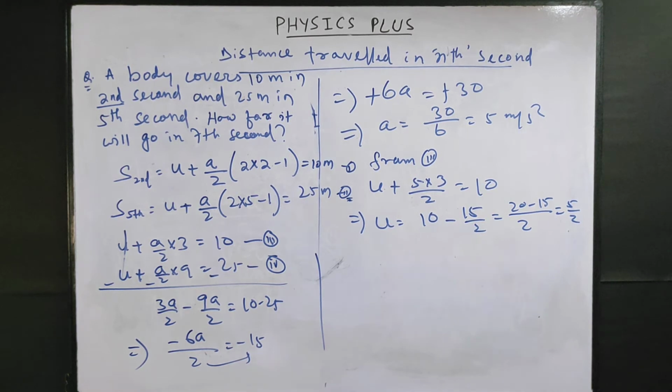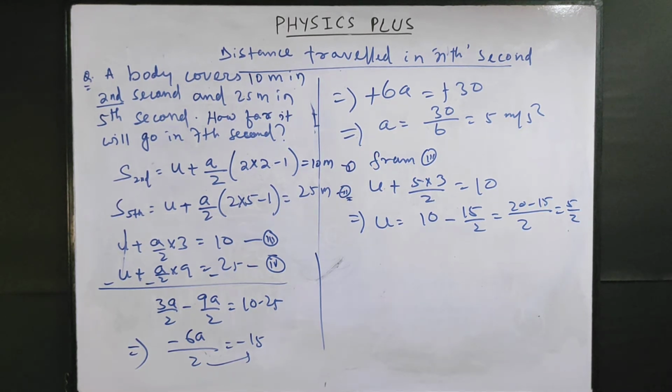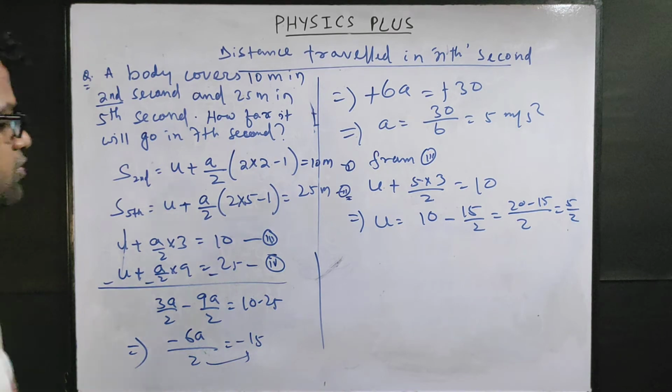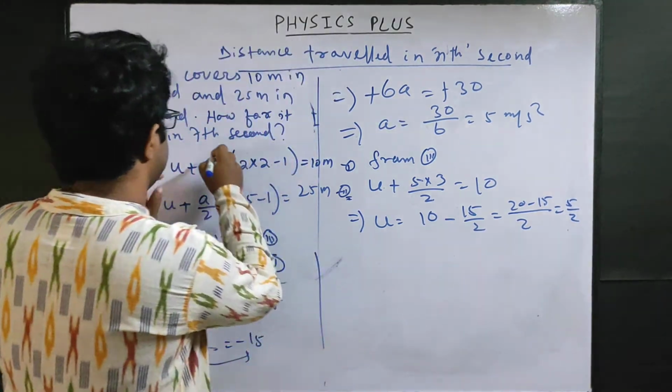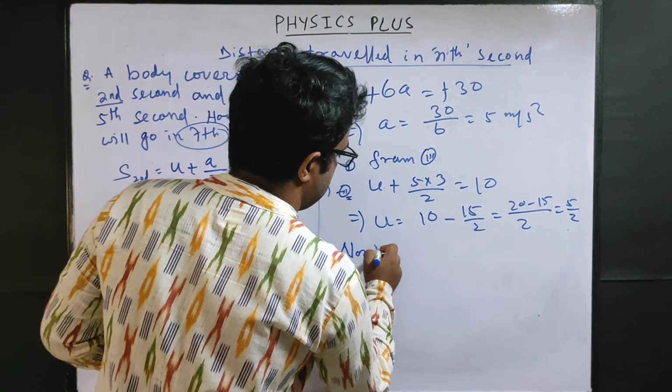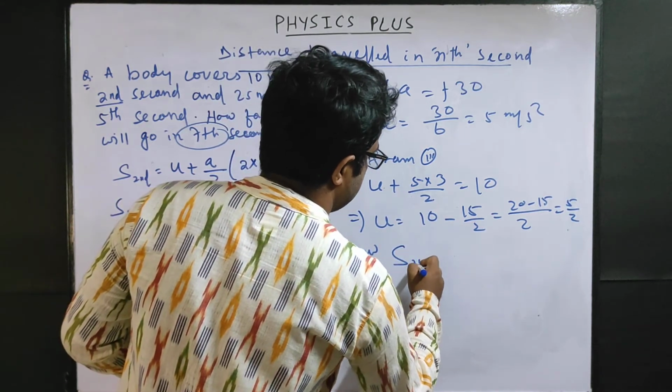Once you get u and a, you can easily find out S7th. The question is that you have to find S7th. How will you find it?